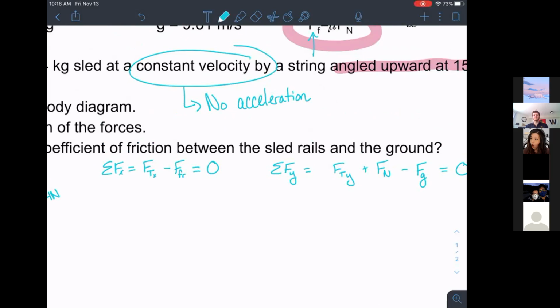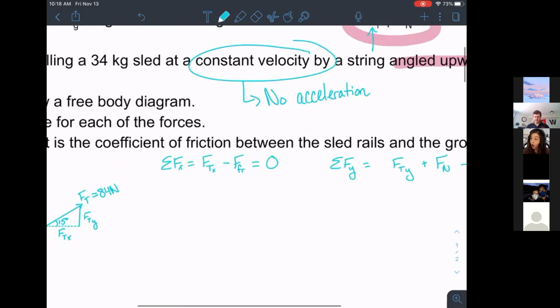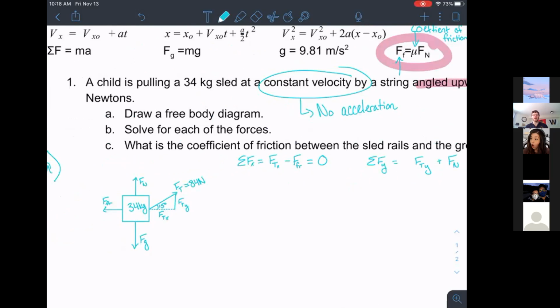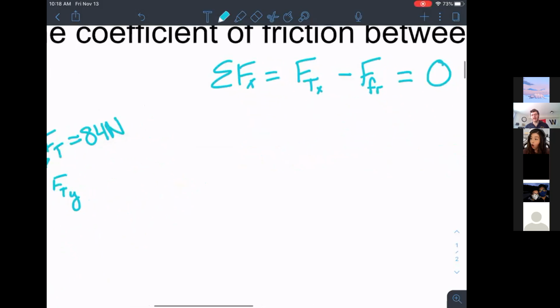All right, so this does help us find each of our forces, which is what we're supposed to do next, which is solve for each of our forces. So do we want to solve for each of them in the x direction or the y direction first? X first. All right, x first. So we have FTX, our tension force in the x direction, and we have friction force.